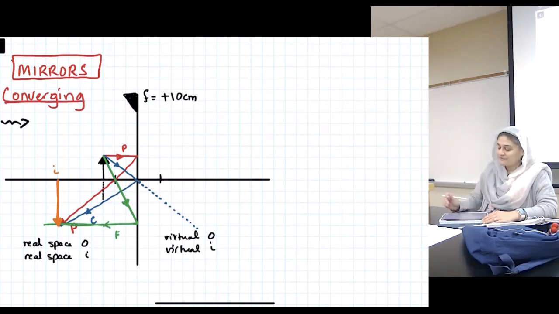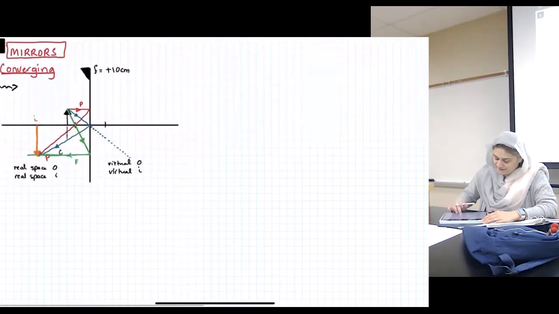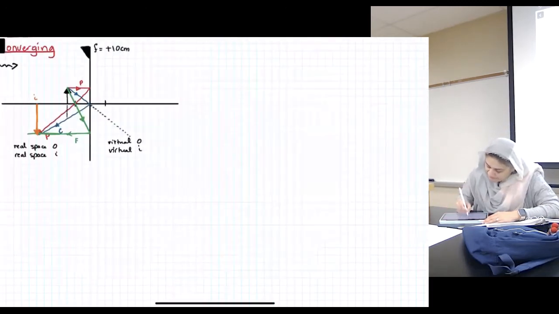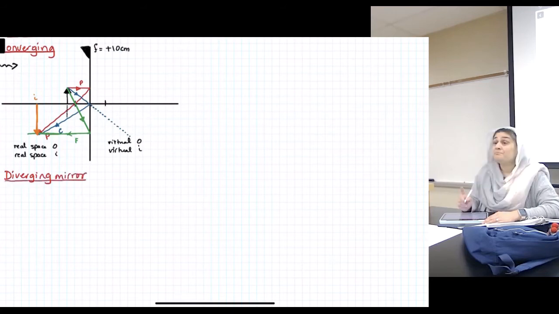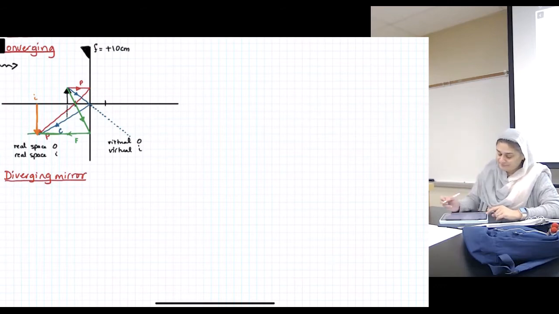Okay, now diverging. Yay. So we should have a diverging mirror. For a diverging mirror, the focal length will be plus or minus? Minus, right? So the focal will be minus.